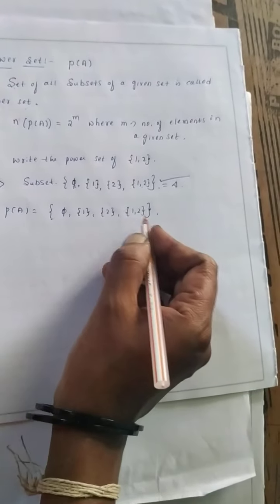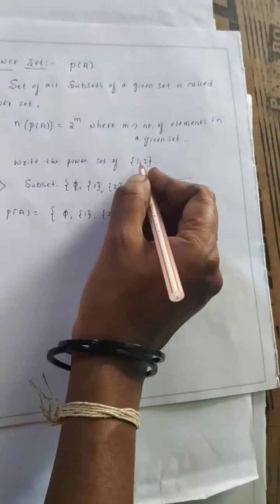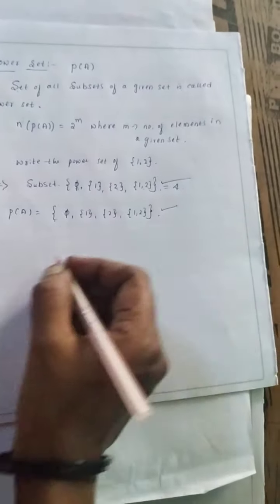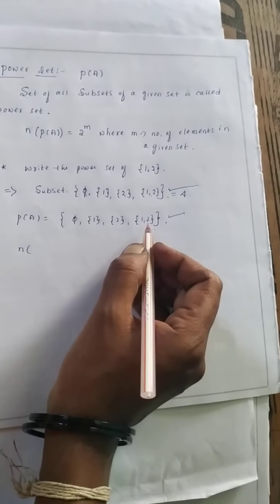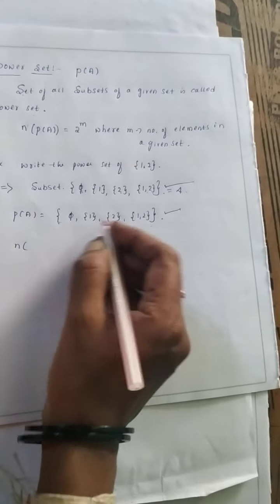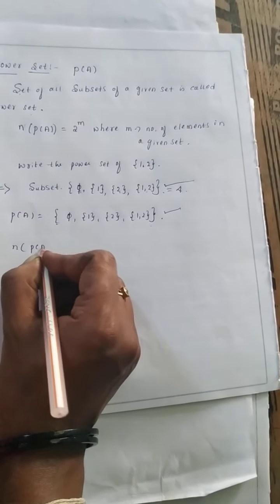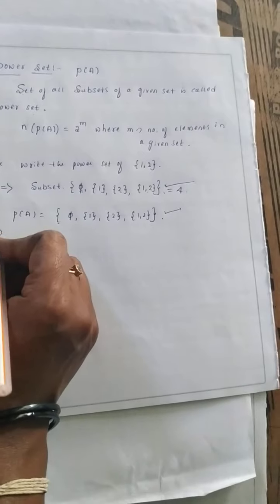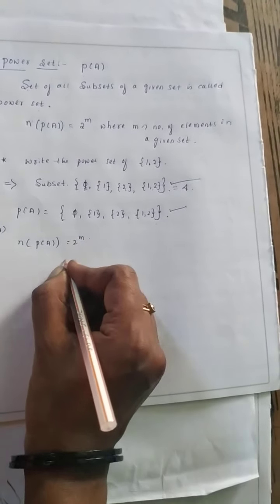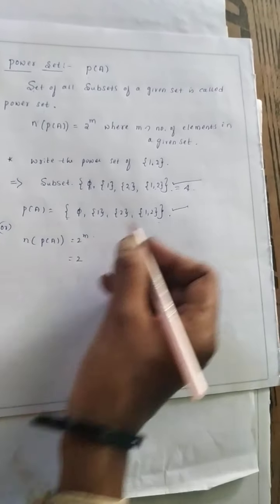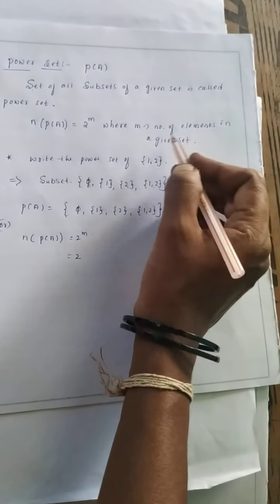So the set of all the subsets of a given set is called a power set. Now we'll check whether these subsets are correct or not. We'll check with the formula, 2 power m, where m is the number of elements in a given set.